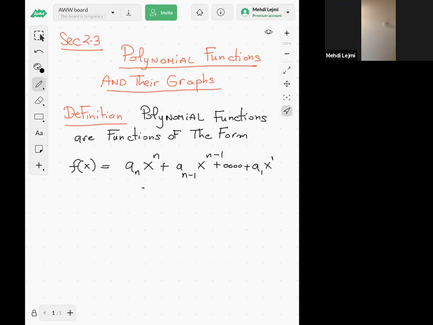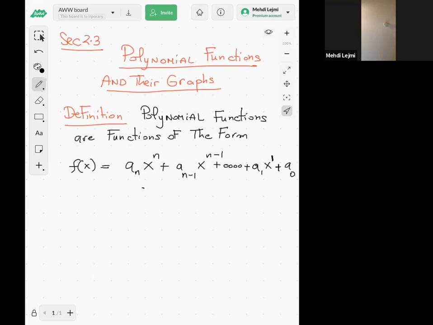If you have x to the power 1, then in front of it you have a subscript 1. And then of course there's a constant, so I'm going to denote the constant by a subscript 0. Anyway, again, we have a combination of powers of x.